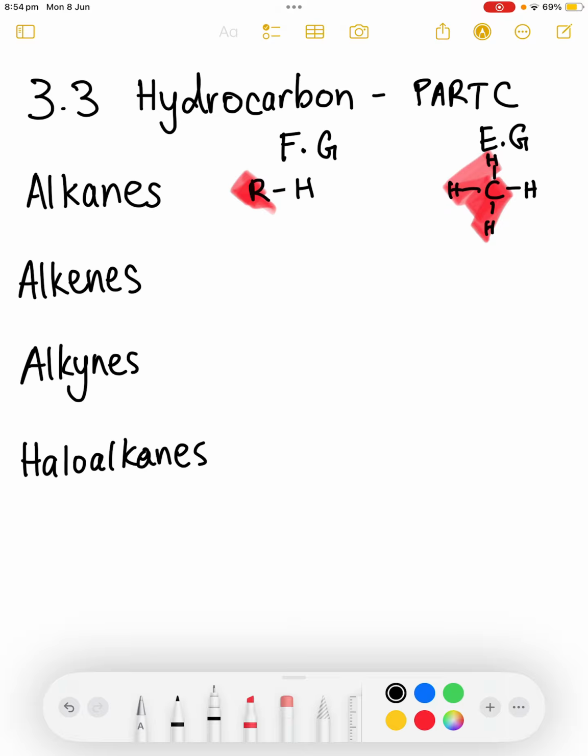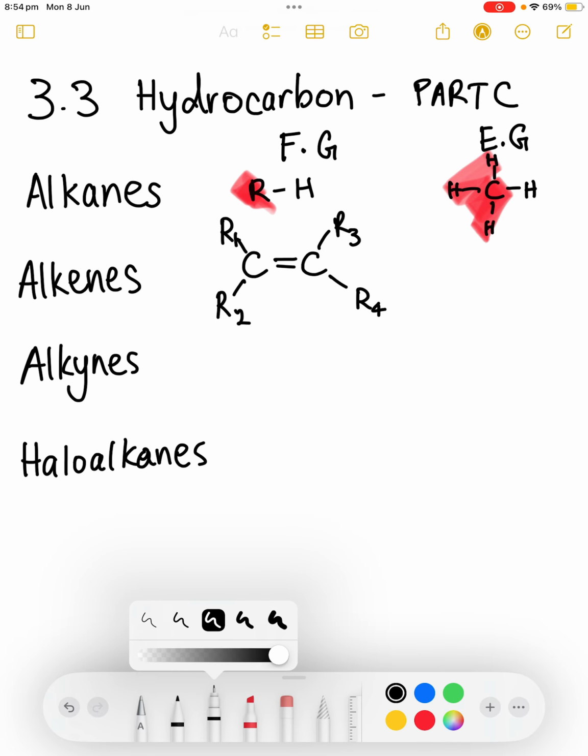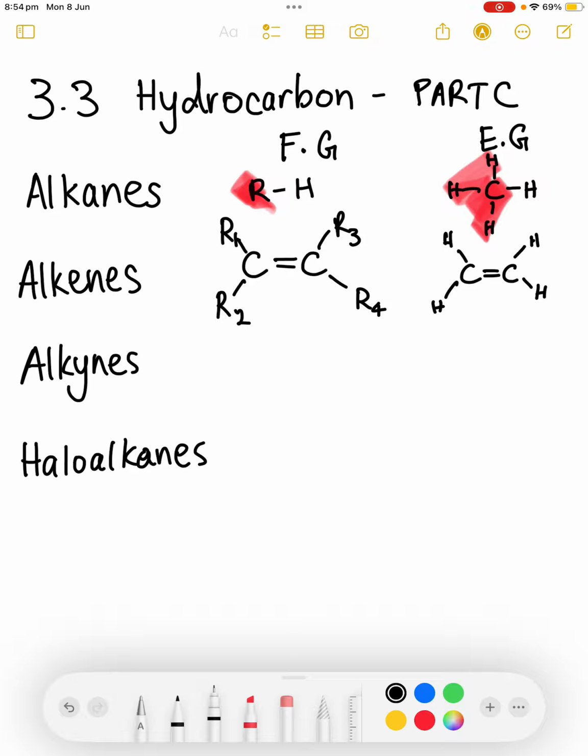The next one's alkenes, which would look like this. C, C, and we're just going to call these R1, R2, R3, and R4. Now those R groups can change as well, but a lot of the time they're carbons and hydrogens. And here, the example I'm going to provide is ethene, where the R's are just hydrogens.